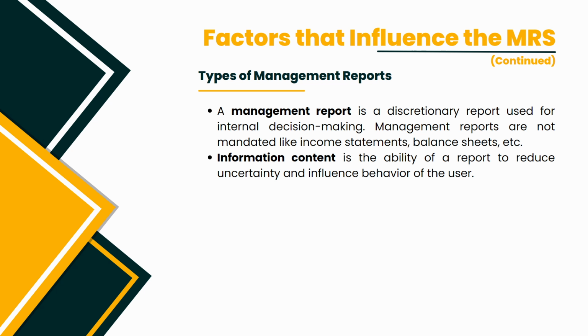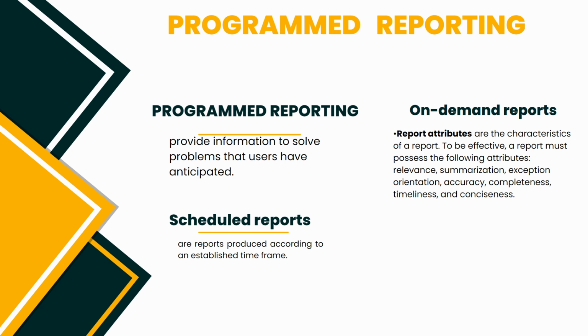To continue the factors that influence the MRS, there are also types of management reports, namely management report and information content. Program reporting provides information to solve problems that users have anticipated. Scheduled reports are reports produced according to an established time frame.